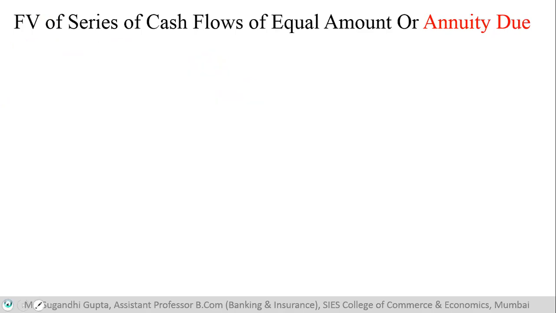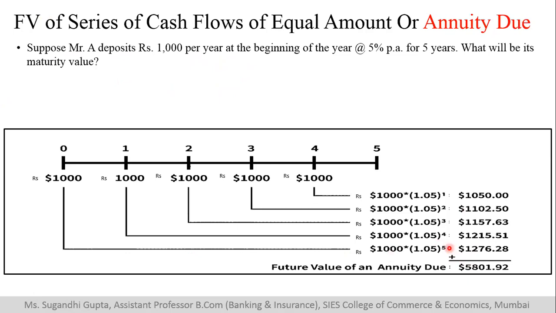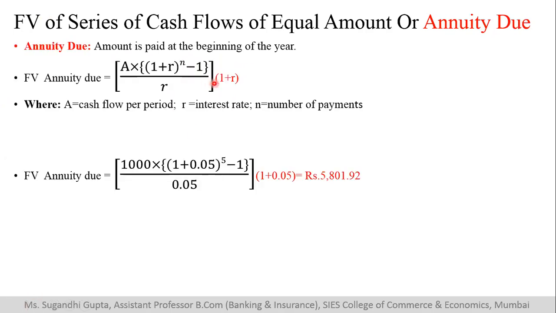As you have seen in this case, we are compounding it one more extra time than the previous annuities. So that's why this one extra compounding is to be done. If you substitute all the values, you will get this particular answer.